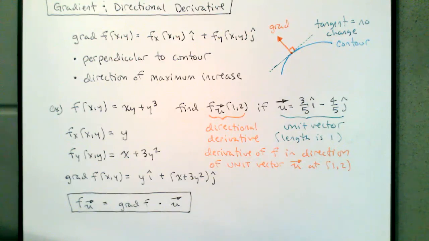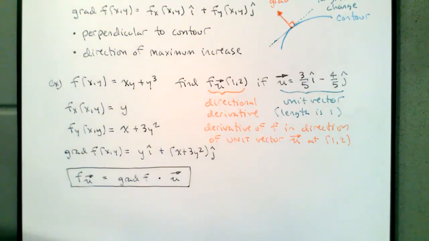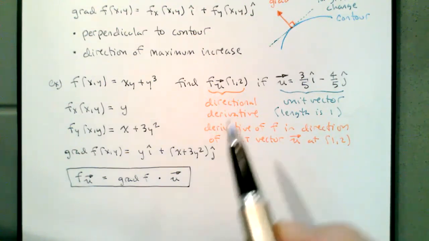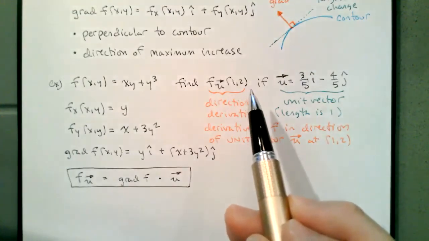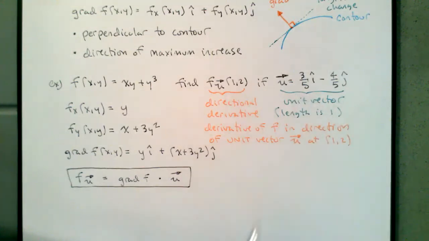Beyond the pure mechanical aspect of combining two vectors for a scalar, and the dot product is the only way we know to do that. All right. So let's make this calculation. I need the gradient of f at the point 1, 2. And I'll find the dot product of the gradient of f at 1, 2 and the unit vector.